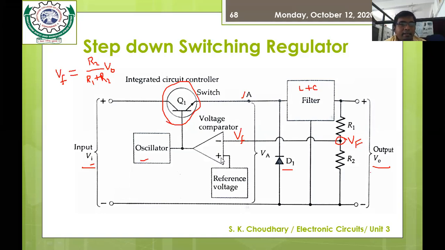So at the collector terminal there is input voltage, and at the base terminal there is the PWM output voltage, or time varying voltage you can say.